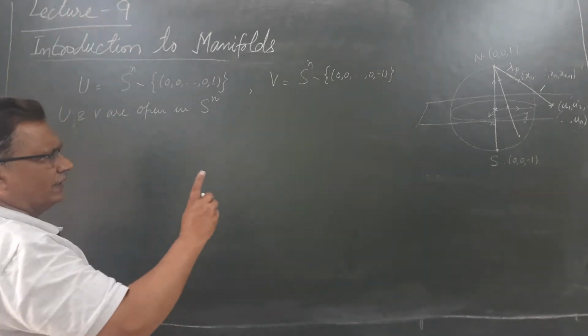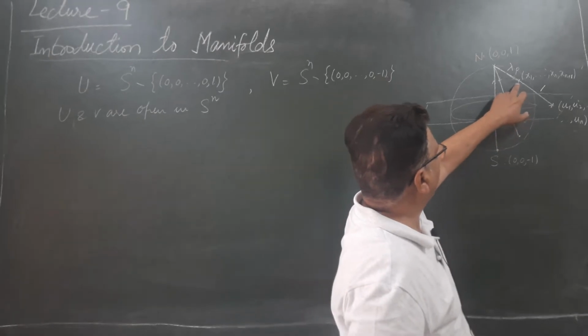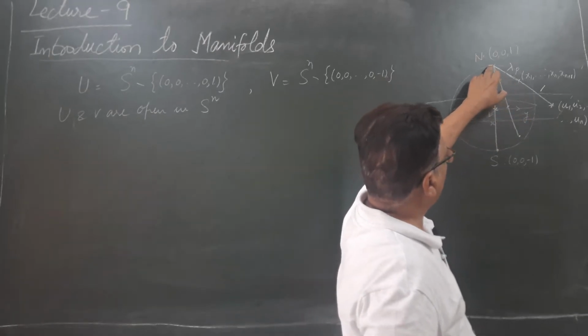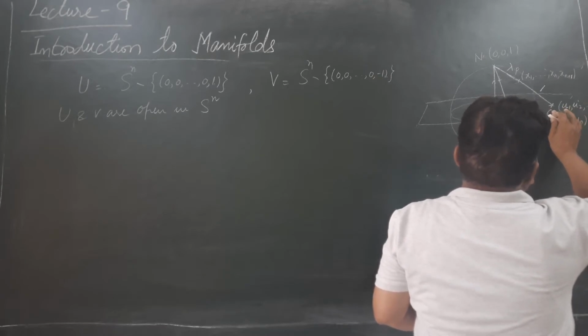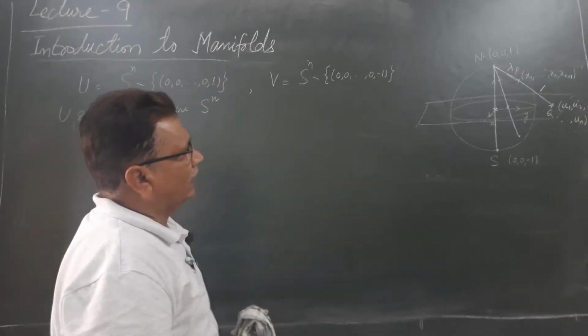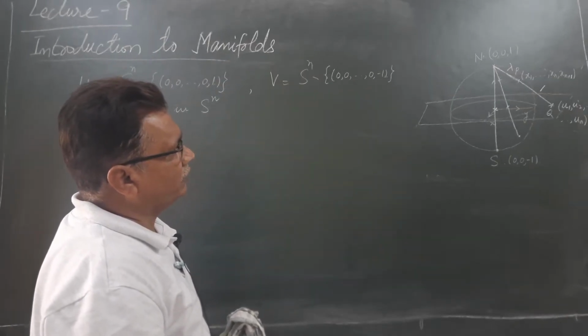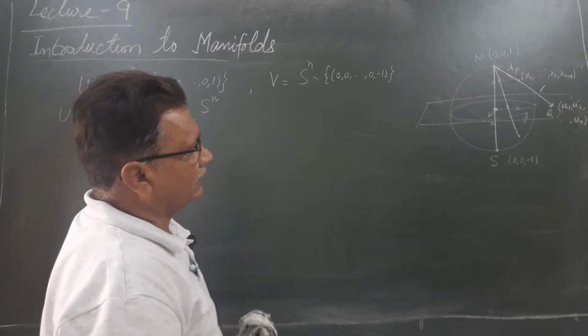So the first thing that I did, I assume that this P divides the line segment at Q at the point x1, x2, xn plus 1.